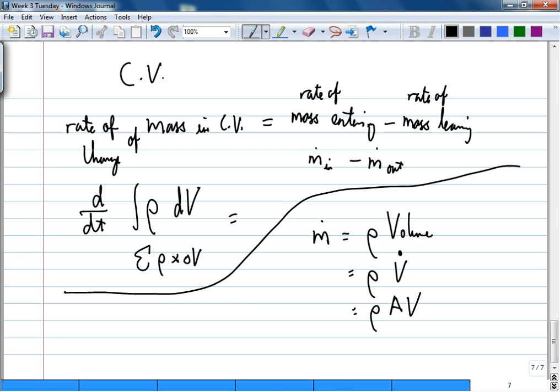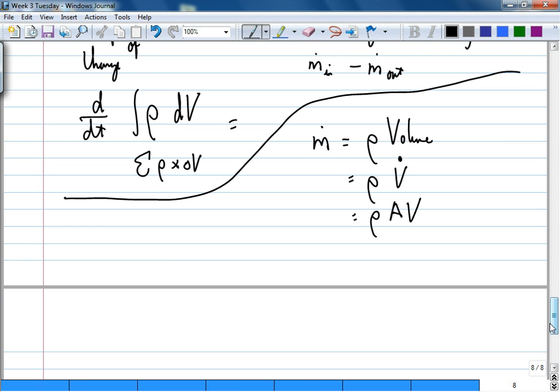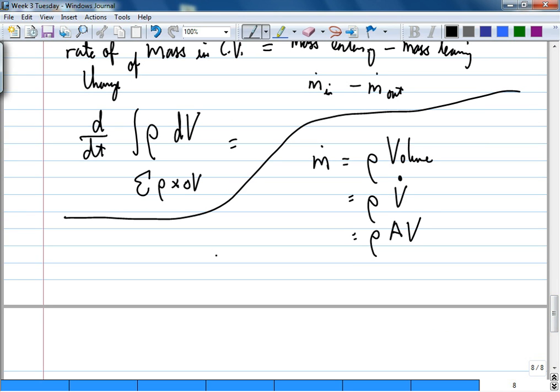So this one is very standard. If you have a particular area, this is small d. Previously this was your volume.